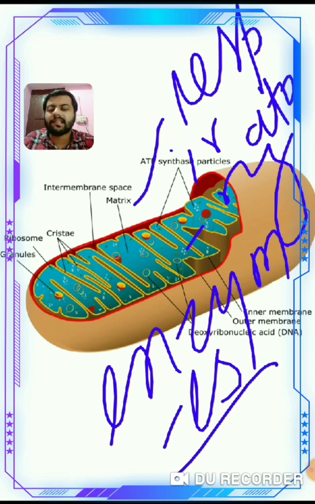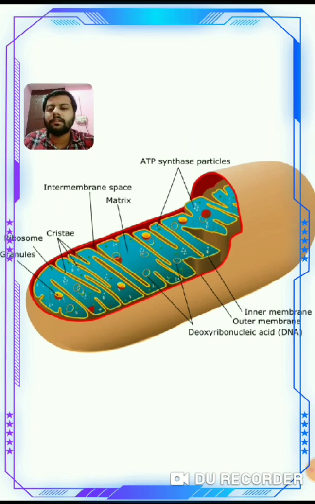Inside this matrix, formation of ATP also takes place. Here it is mentioned as ATP synthesis particles. These particles, which help in the formation of ATP, are also contained in the matrix of mitochondria.